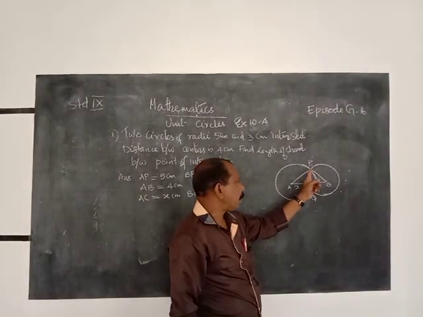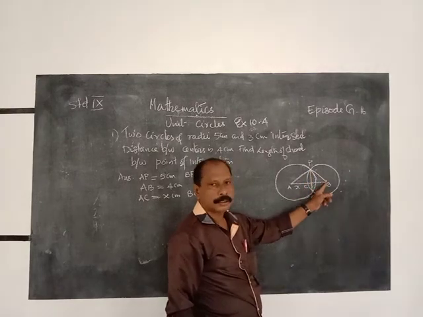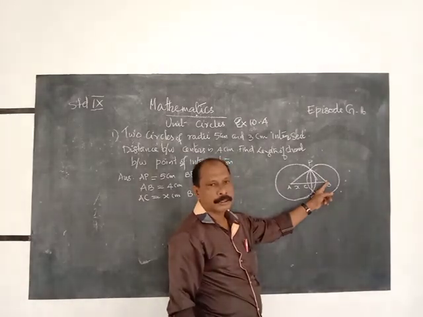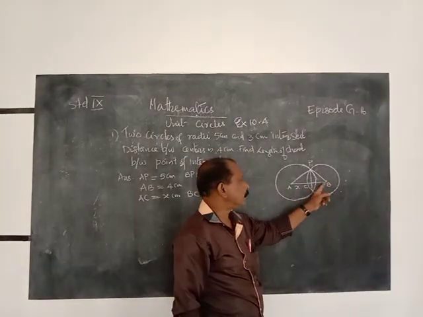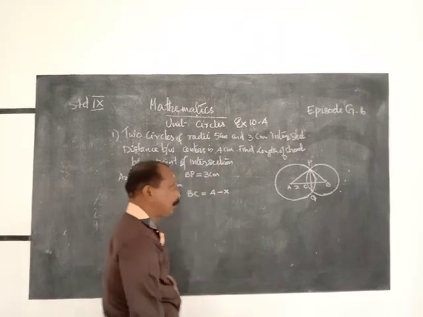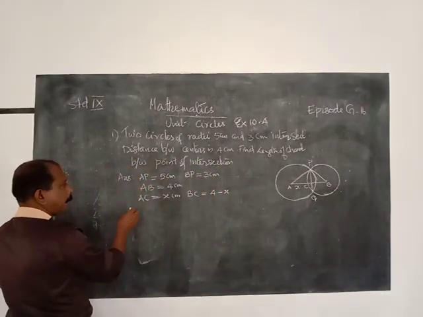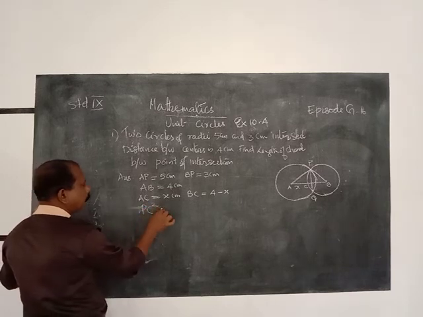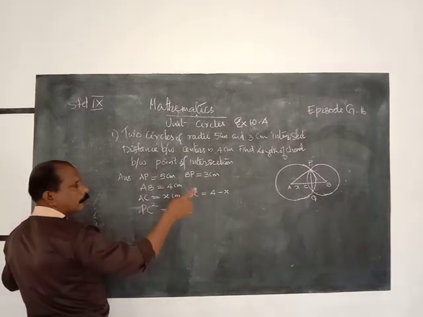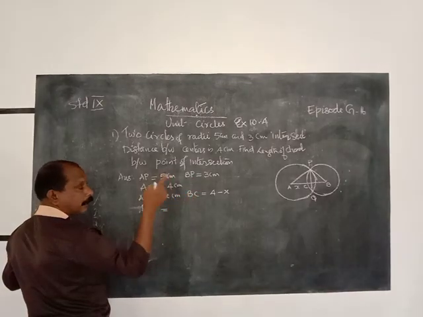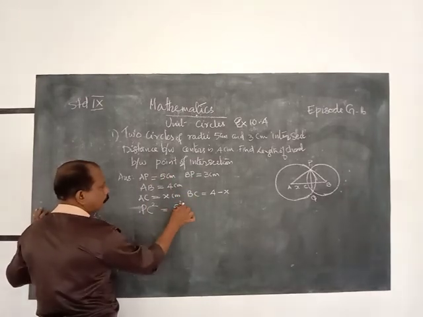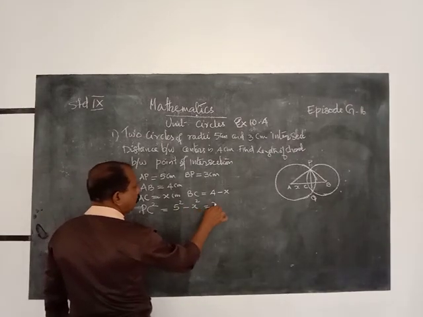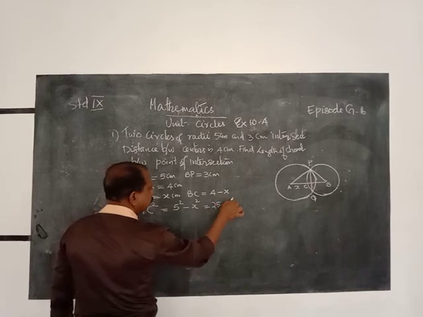And in this right angle triangle PCB, PB is 3 cm, that is the hypotenuse, and the base CB is 4 minus x cm. Therefore, from the first triangle, PC square is equal to hypotenuse square minus base square, that is 5 square minus x square, which is equal to 25 minus x square.